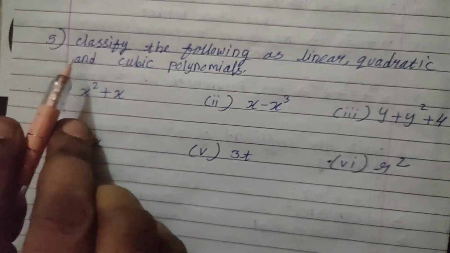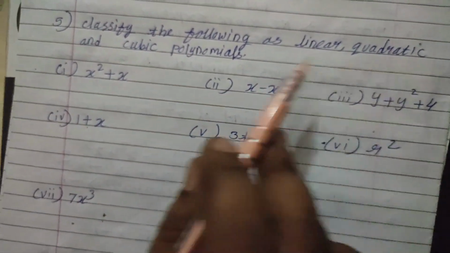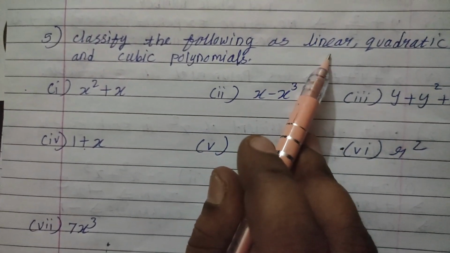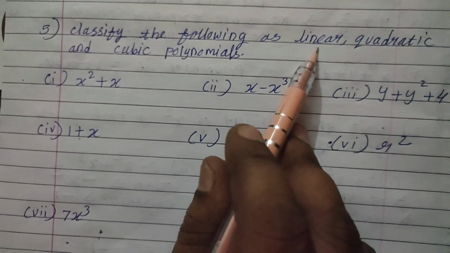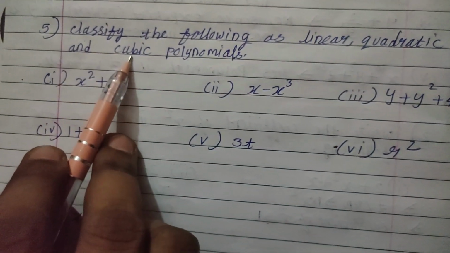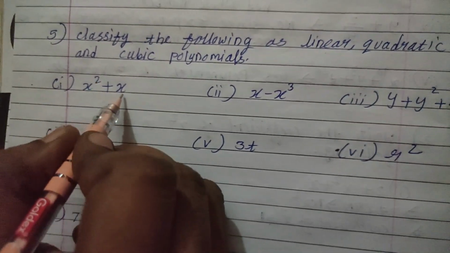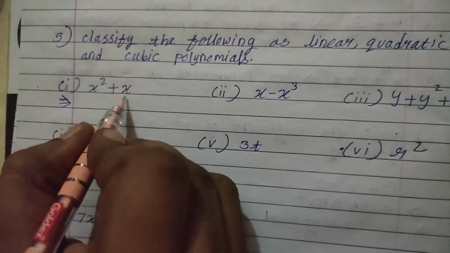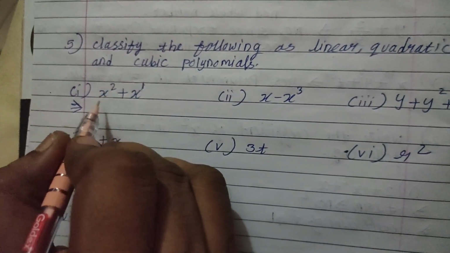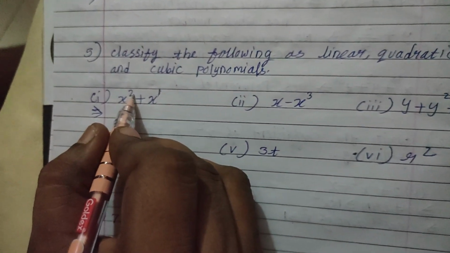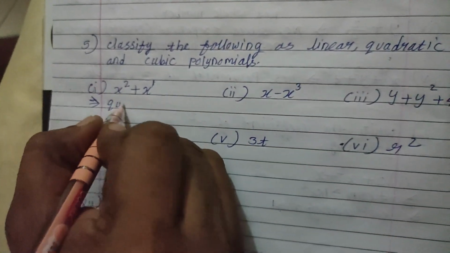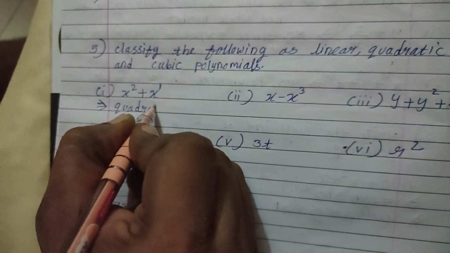Now question 5th, classify the following as linear, quadratic and cubic polynomials. What is a linear polynomial? If degree is 1, it is a linear polynomial. If degree is 2, it is quadratic, and if degree is 3, it is cubic. Now here nothing means 1, so here power is 1 and here it is 2, so the highest power is 2, that means degree is 2. 2 means quadratic, so this will be a quadratic polynomial.